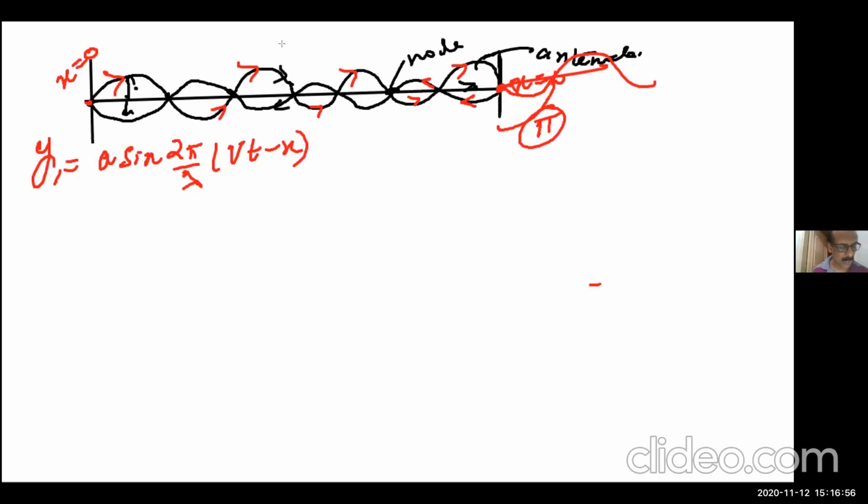Continue. So at the point x is equal to L, the wave is reflected back and traveling from x is equal to L to x is equal to 0 with an additional phase of pi.